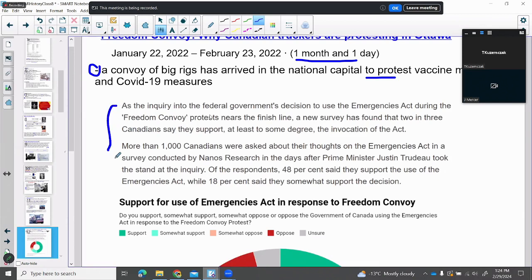In that article, it shows an inquiry into the federal government's decision to use the Emergencies Act during the Freedom Convoy protest, as the inquiry nears the finish line. Now, they did do a survey that found that 2 in 3 Canadians say they support, at least to some degree, the invocation of the Act.